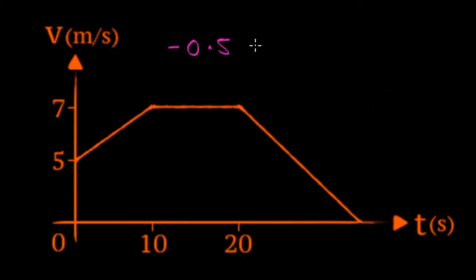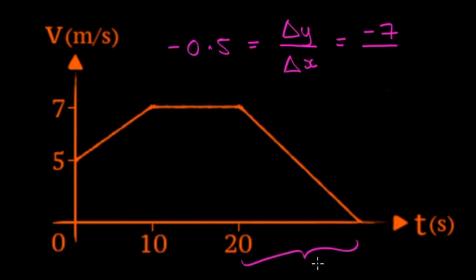So minus 0.5 is equal to the change in y over change in x. This delta sign means change in. The change in y is from 7 to 0, so the change in y is minus 7, and the change in x is what we're trying to find. So let's just call it capital T.